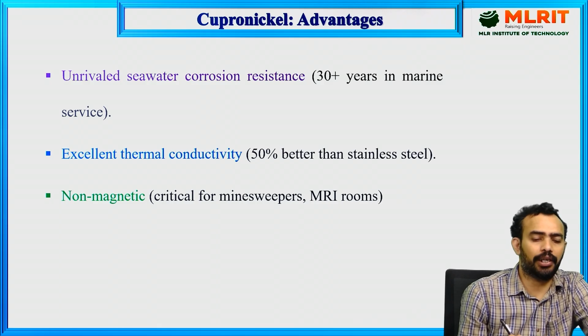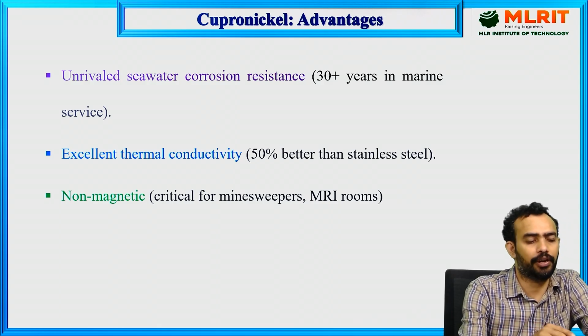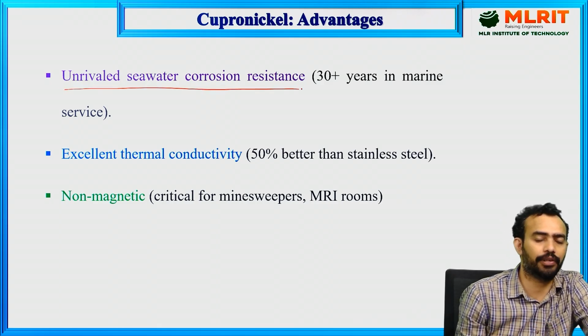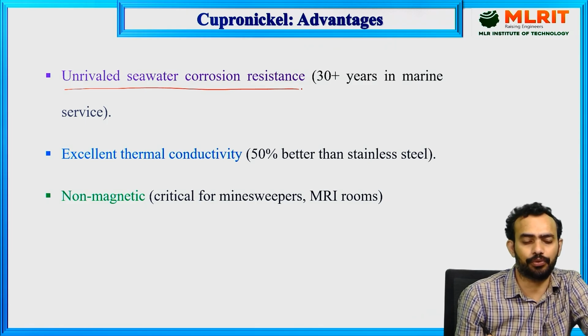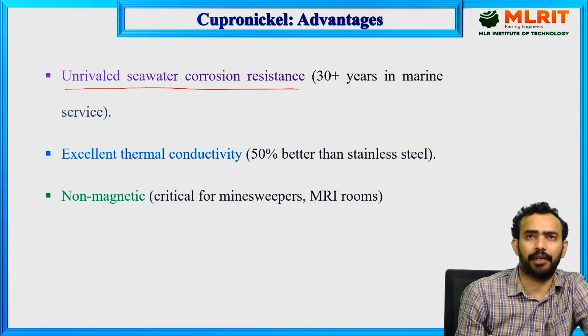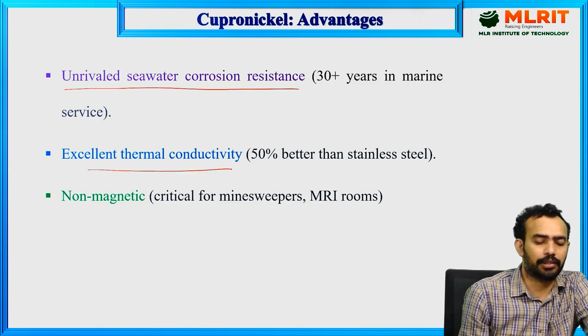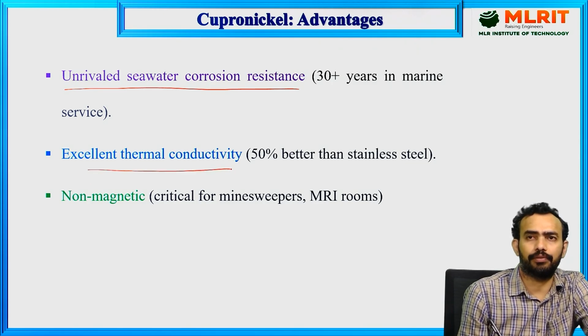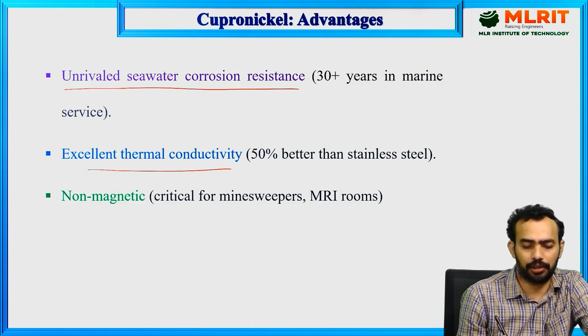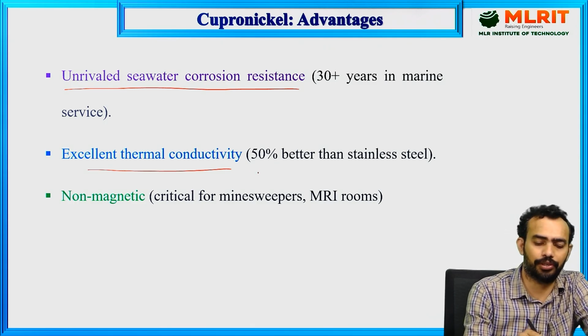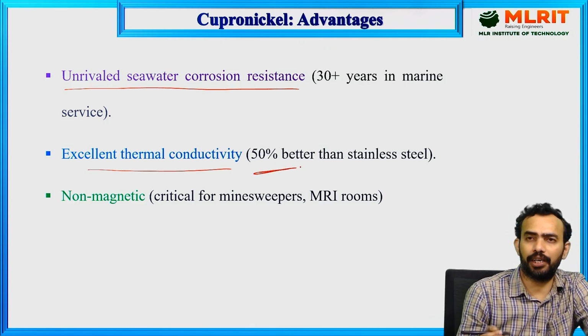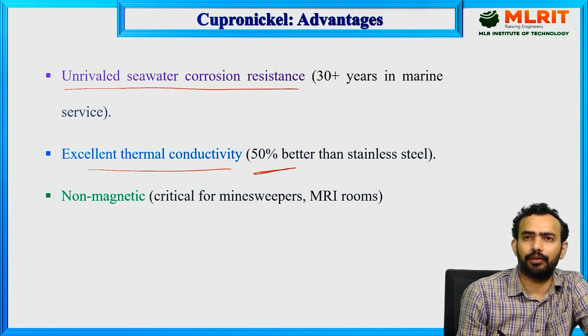Some of the advantages, as we have seen: it has unrivaled seawater corrosion resistance, which finds applications in marine sectors. We have been using it for the past 3 decades. It also has excellent thermal conductivity, which is 50% better than stainless steel. Because of this, it can be employed in heat exchangers and condenser tubes.